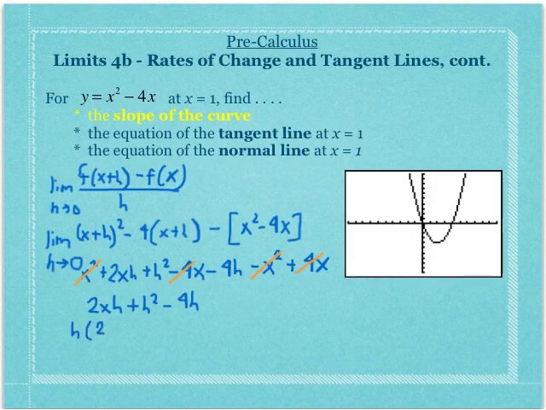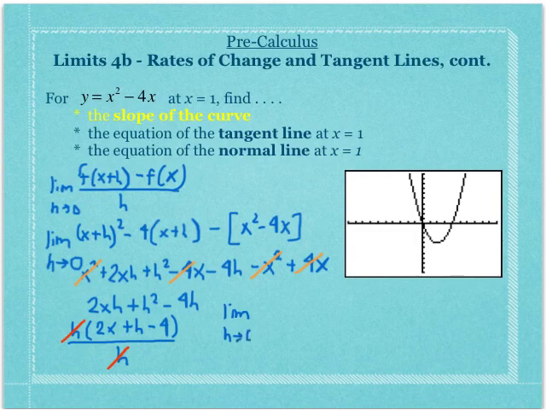So I have h times 2x plus h minus 4, and remember, I still have that h in the denominator here. So those are going to cancel out. So we'll cancel out those h's, and now what I have left is the limit as h approaches 0 of 2x plus h minus 4.